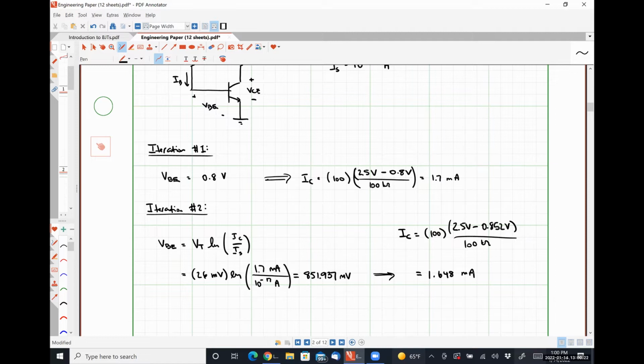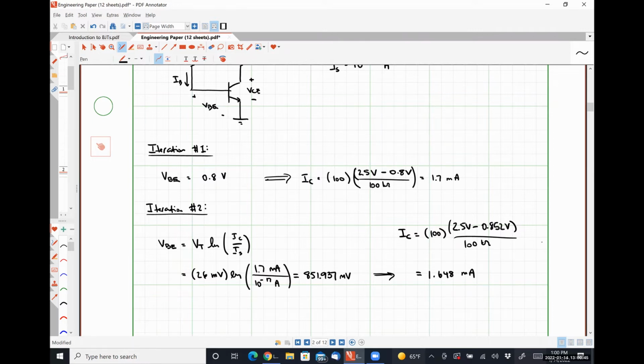So right now our change is about 50 microamps, 52 microamps, I think exactly, right? Well, 52 microamps is a reasonably large percentage of our initial value of 1.7. So we need to at least do one more iteration to see where it falls.